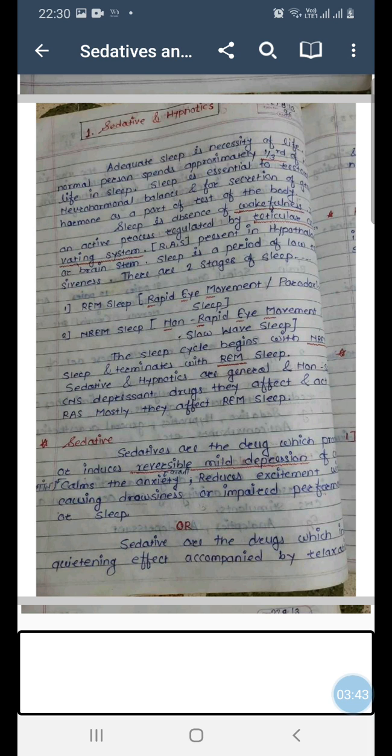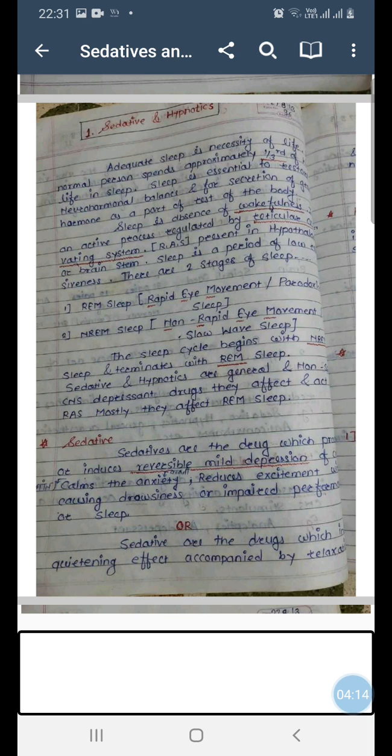That's why they are useful whenever there is a lack of sleep, which is called insomnia. That means lack of sleep. So, to bring about sleep like natural sleep, hypnotics will be used.